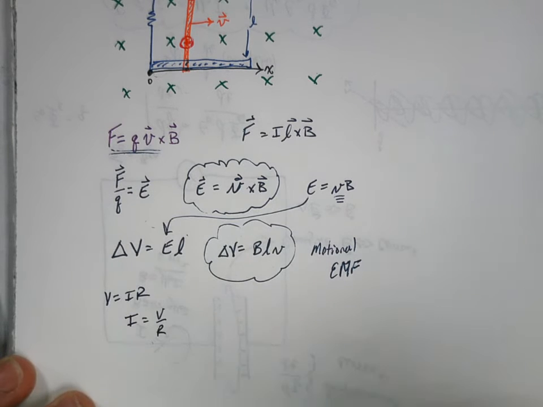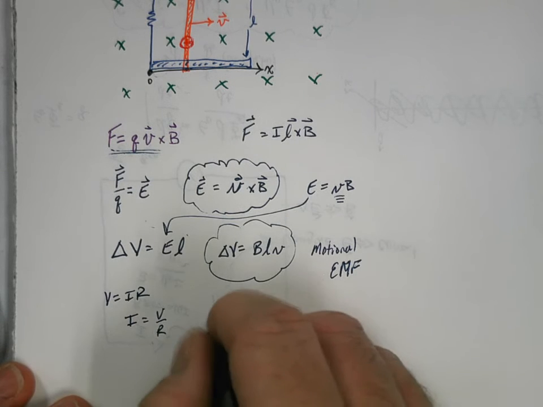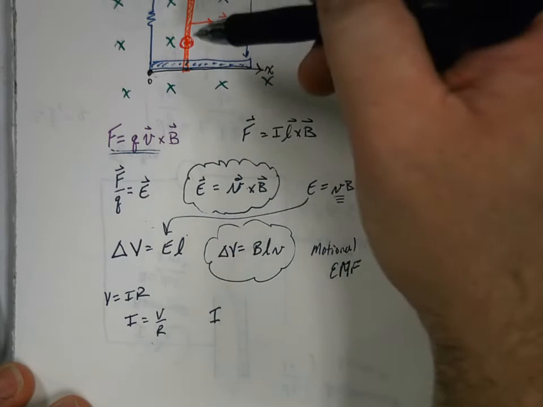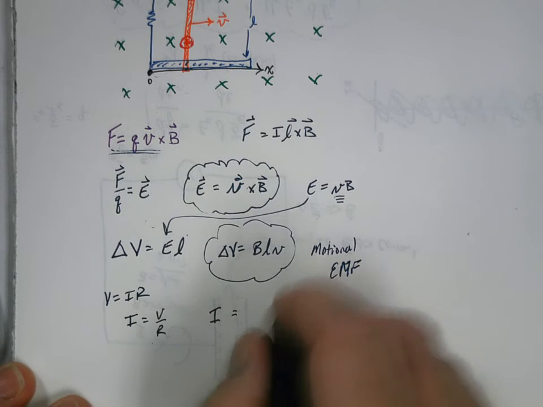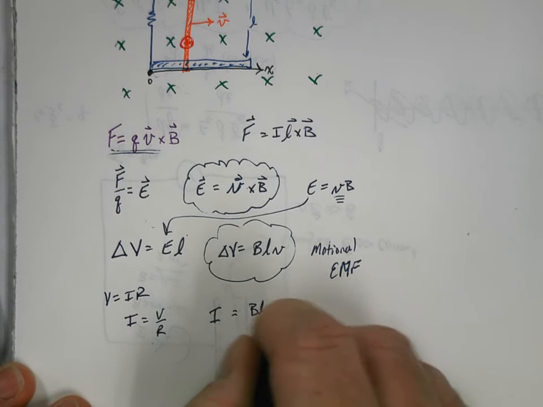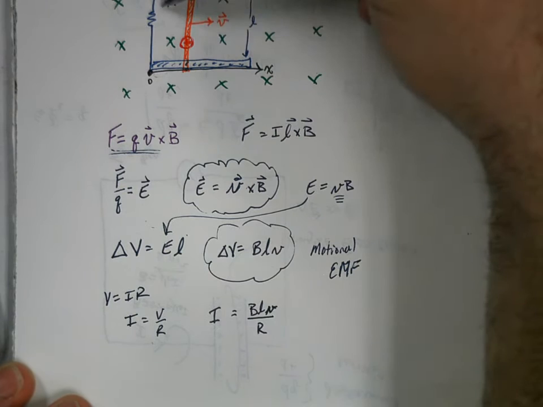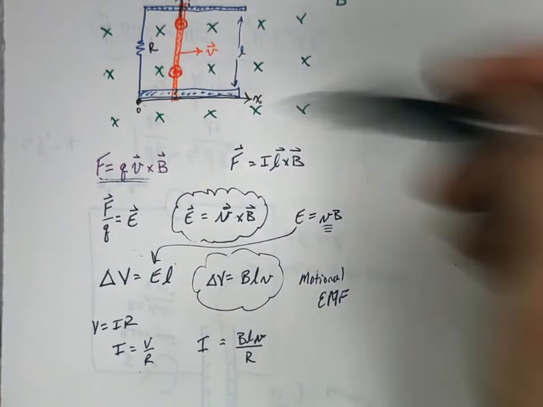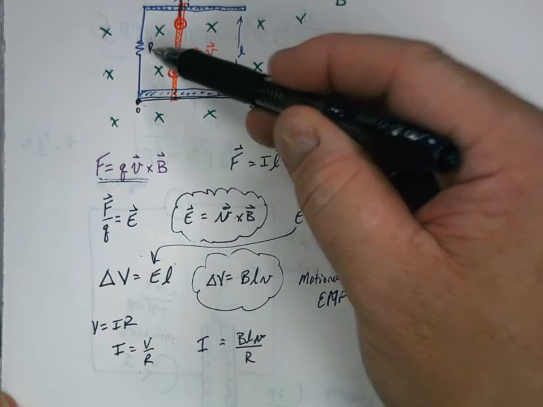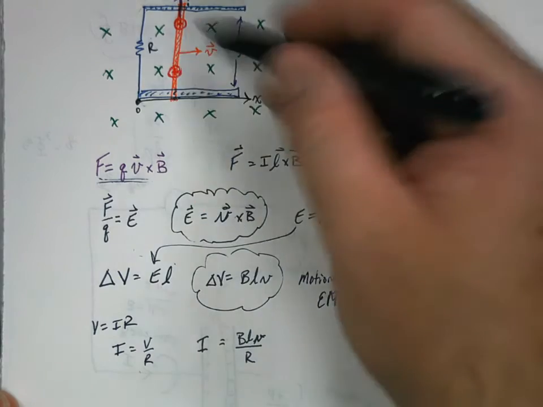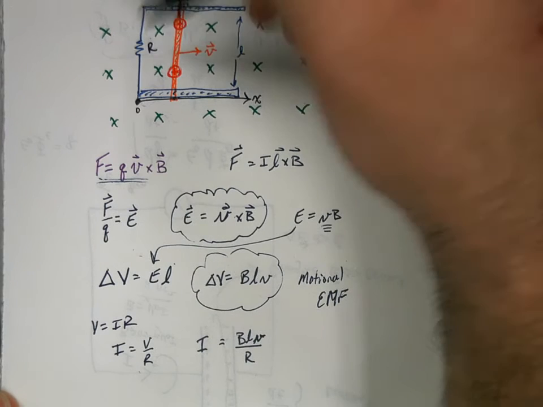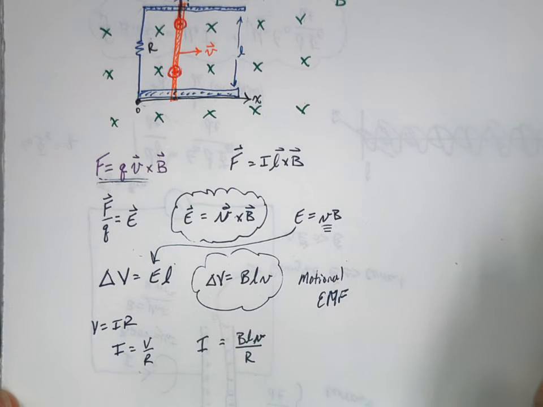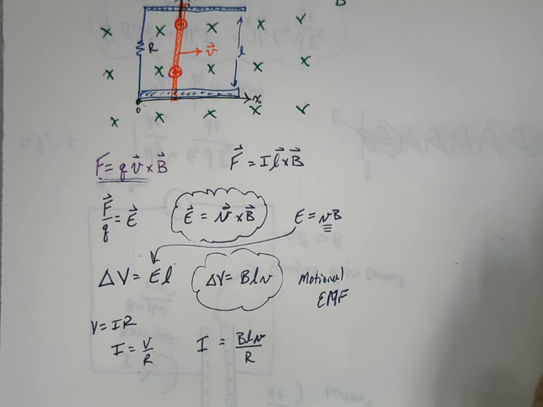So we can find the current in this loop is equal to BLV over our resistor right here, which I didn't label, but that would be R. The current through this loop is whatever our voltage is divided by that resistance.